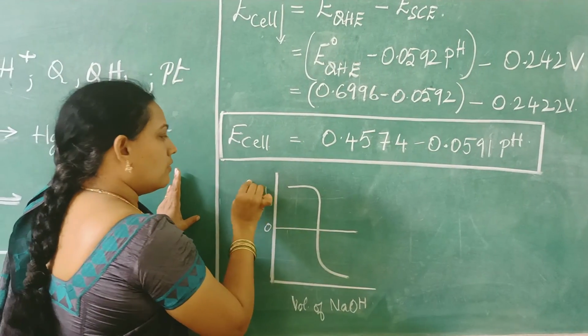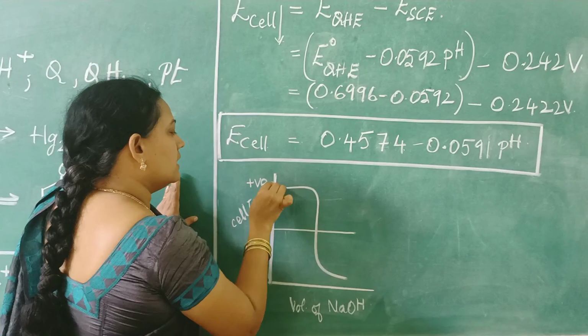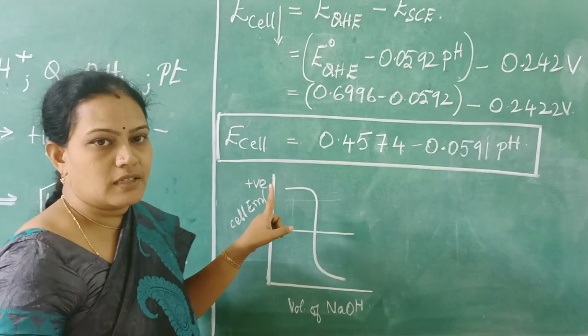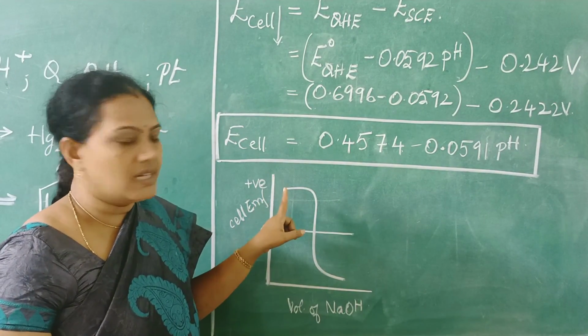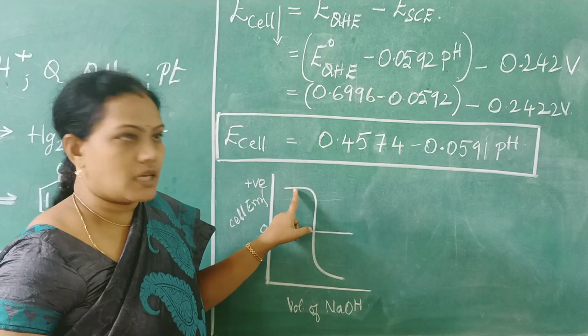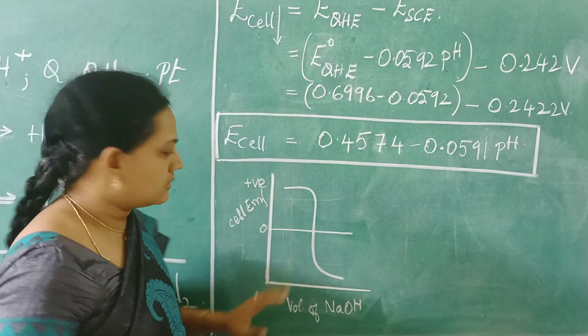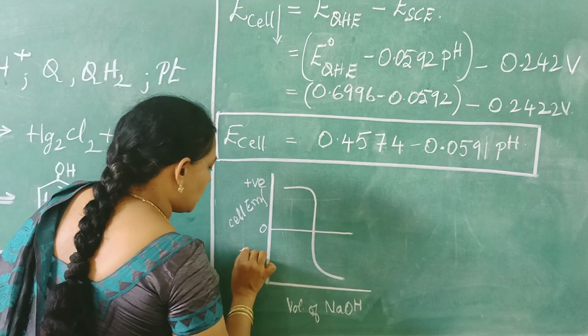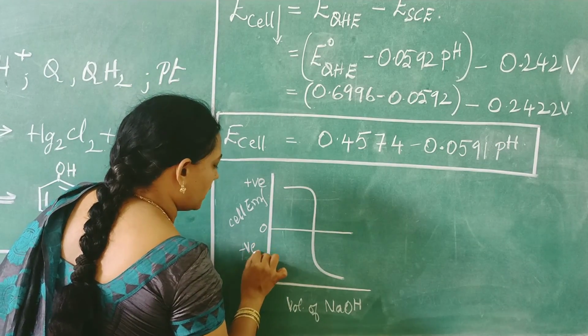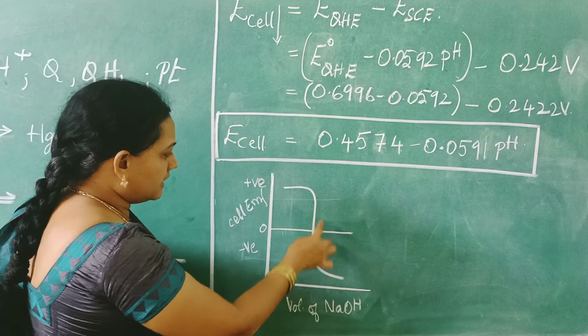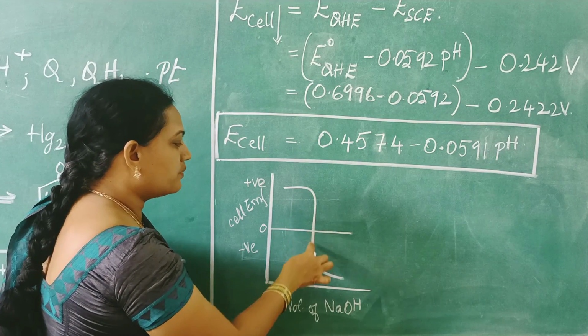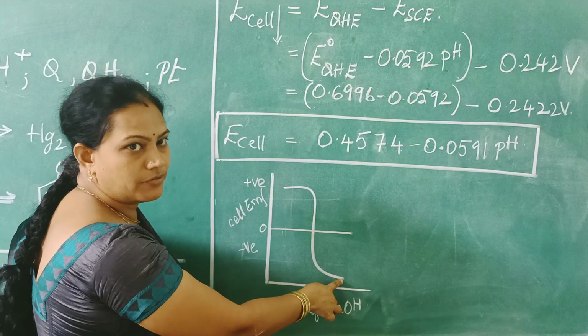So, as long as you have the H plus ions available in the solution of HCl, the potential values are in positive range. Now on completion of the reaction, that is on neutralization, on continuous addition of NaOH further, suddenly the values of EMF fall from positive to negative EMF values.